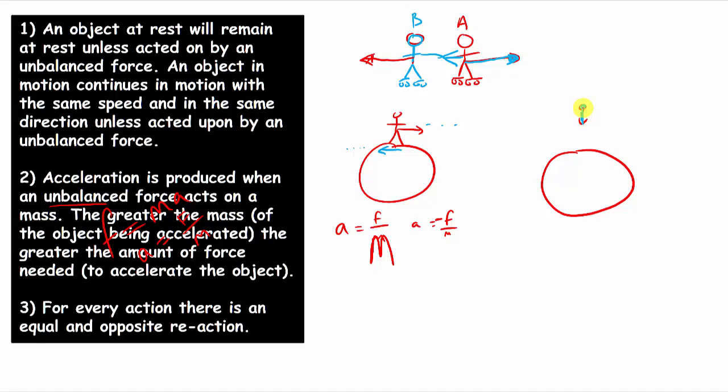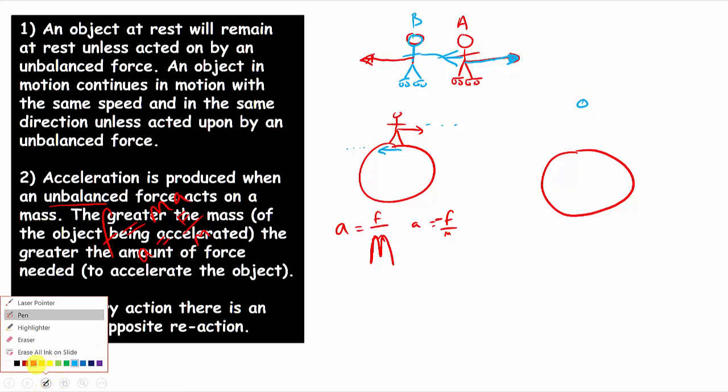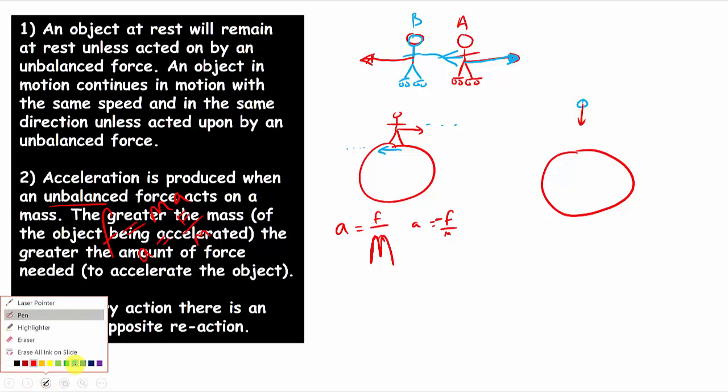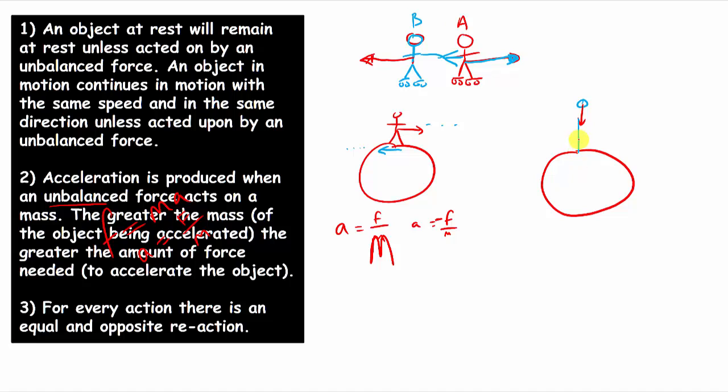The object falling has a force acting on it, so the earth is pulling it down, but believe it or not, the opposite and opposing force is the object pulls the earth up as well, with an equal sized force in an opposite direction. So again, we have two accelerating bodies here, because there are two forces acting on two separate objects.